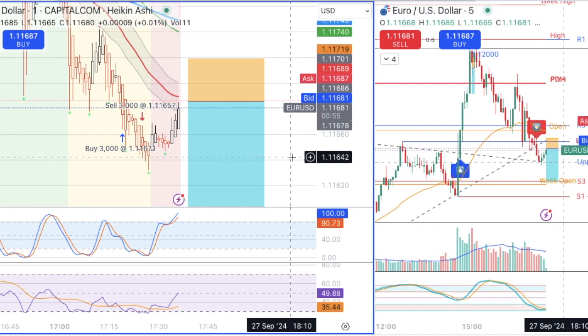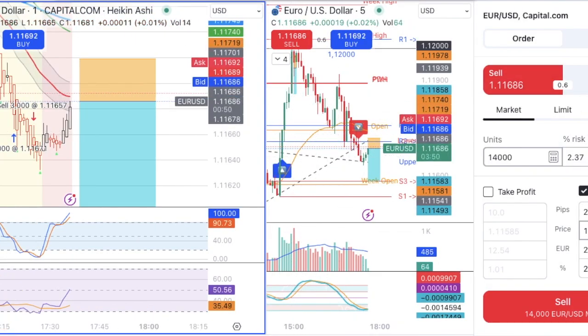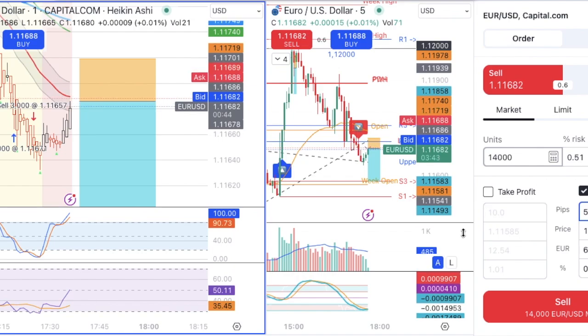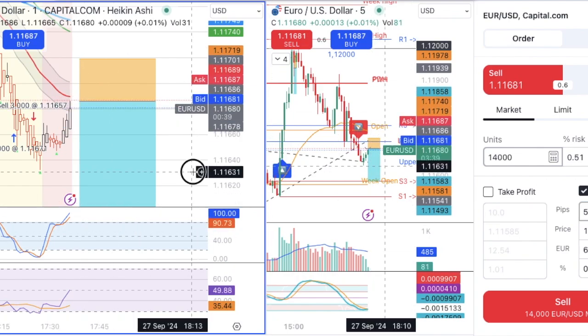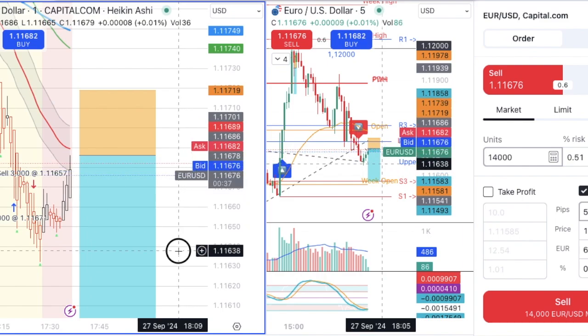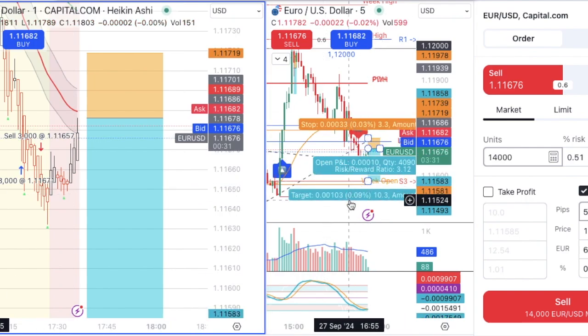I just realized I haven't got my thing set up here, so 5. Yeah, that's all right. Let's see what happens. I'm going to just focus on this. As I said, the RSI is not going to help me very much. Let's zoom in here a little bit.